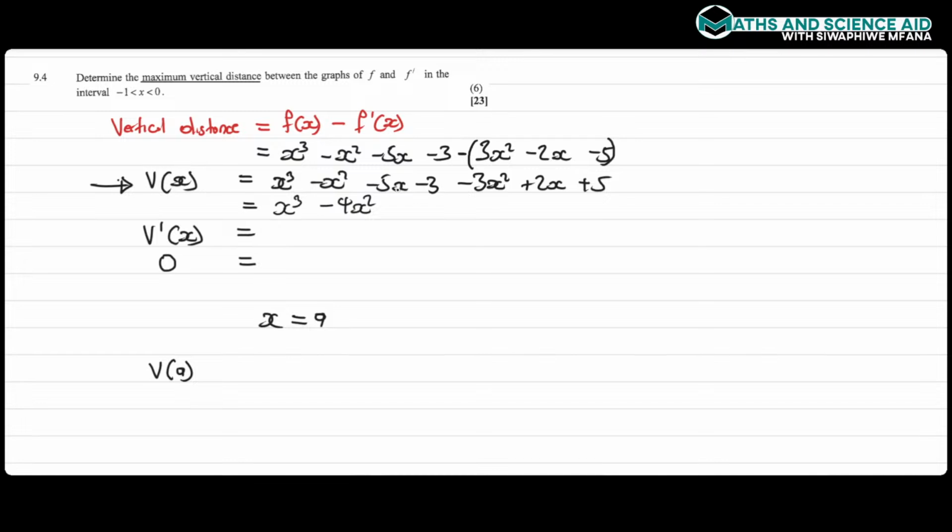And then we have minus 5x plus 2x, so that would be minus 3x, right? And then we've got minus 3 plus 5, which would be plus 2.